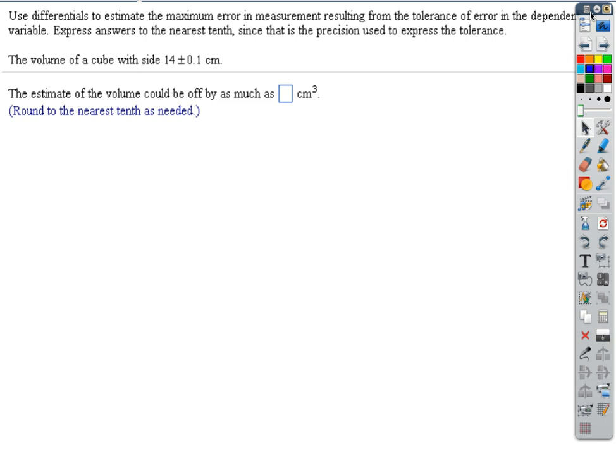What's the approximate uncertainty in the volume calculation, which we call dV? So what is the formula for the volume of a cube? It's x to the third. Okay, so then what's dV? There's the approximate propagated error, and that's all they're asking for.